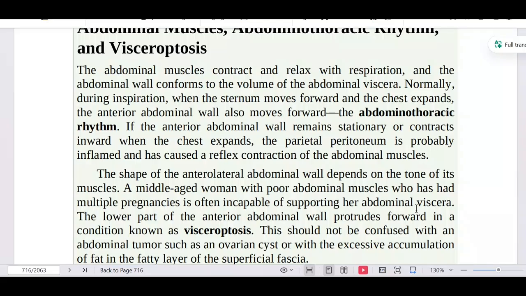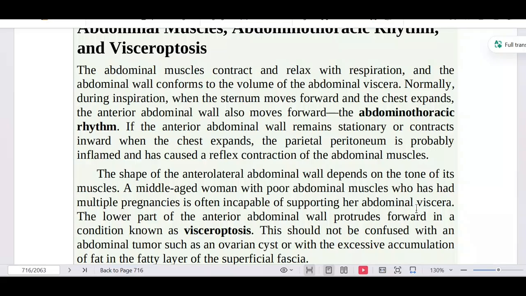A person who has good exercise or good diet will have a good tone of the anterolateral abdominal wall, but a middle-aged woman who is multiparous is often incapable of supporting her abdominal viscera, and the lower part of her anterior abdominal wall is protruding forward in most cases. That protrusion of the anterior abdominal wall is a physiologic condition called visceroptosis.